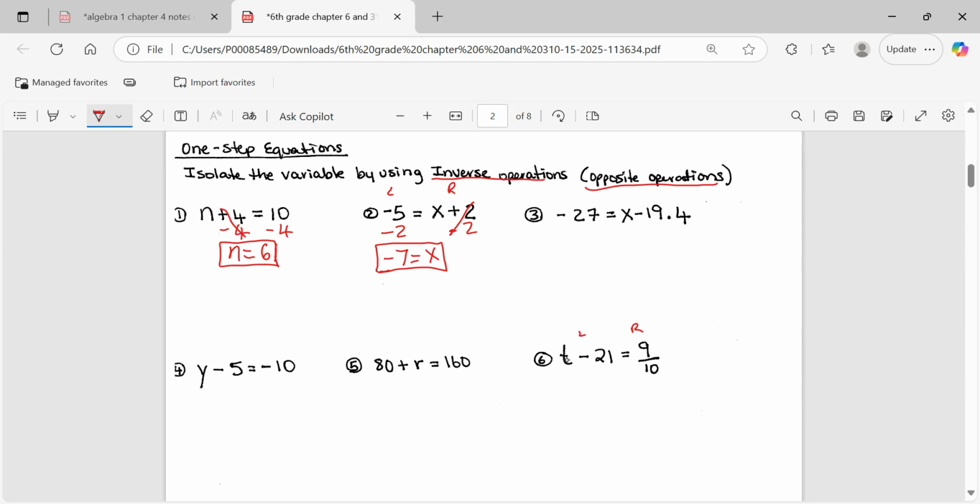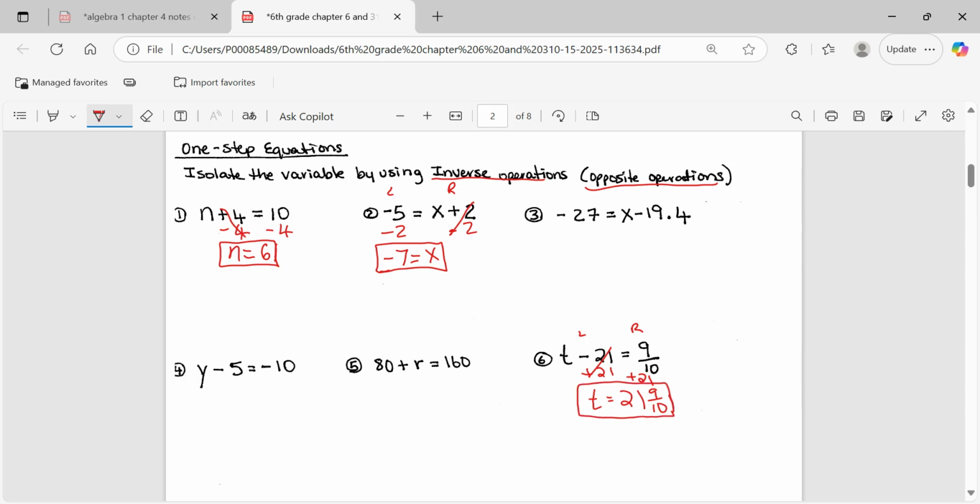That's what I want. So I have to get rid of the negative 21. And I'll do that with inverse operation, which is adding 21 on both sides. So that t is equal to, in this case, it's nice and easy, 21 and 9/10.